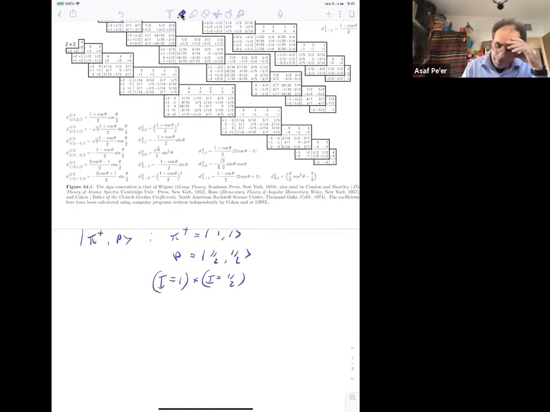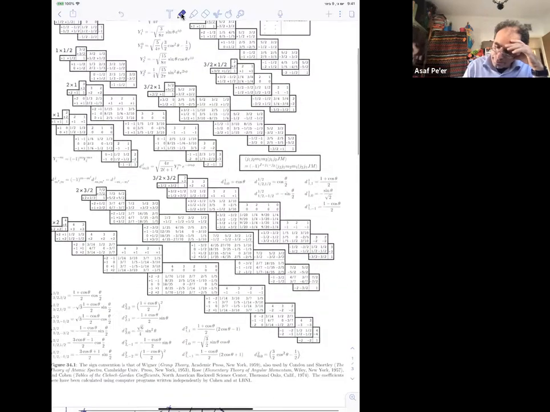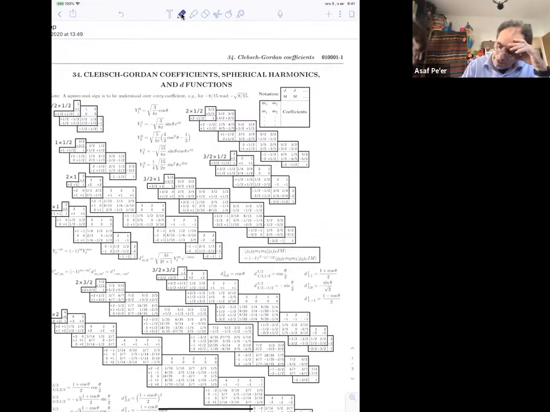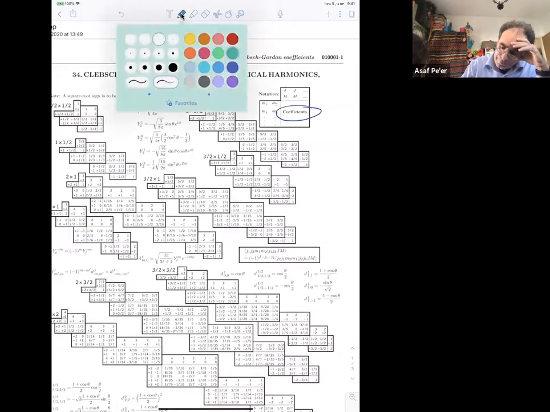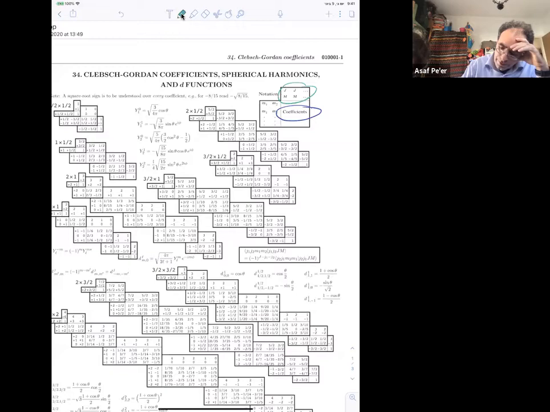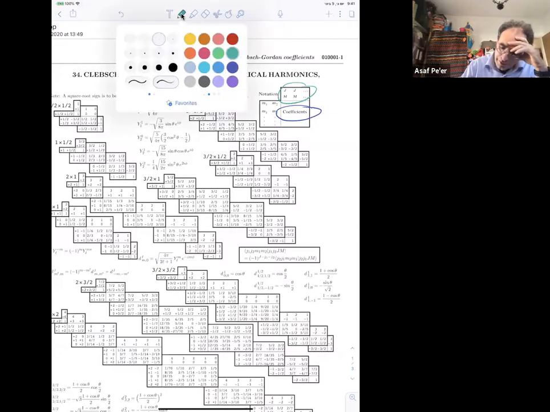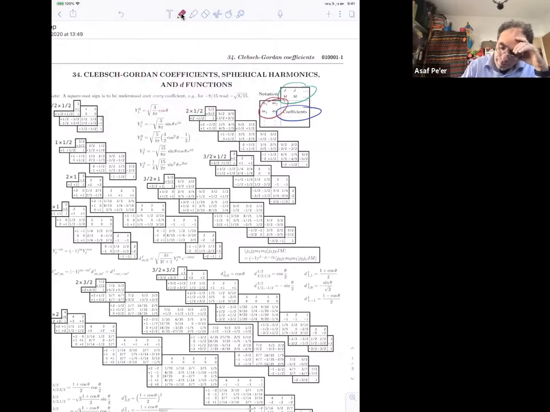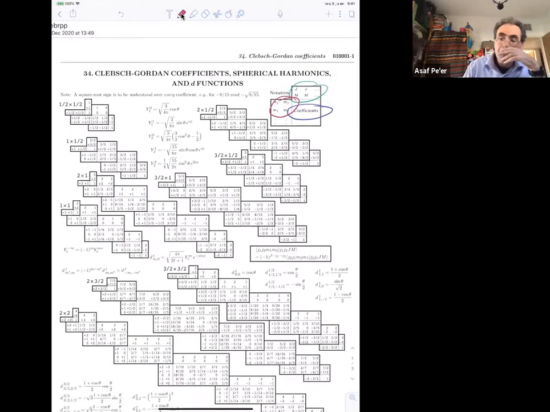So we look at the table. This is the relevant table. We have the coefficient, the J and M, and the initial states, the M1 and M2. First we look at the relevant table, which is this table, 1 times half. And we have plus 1.